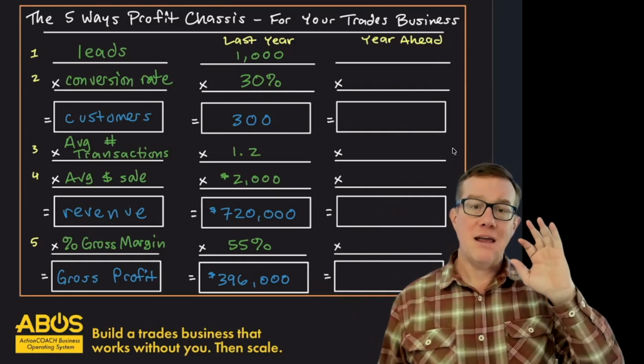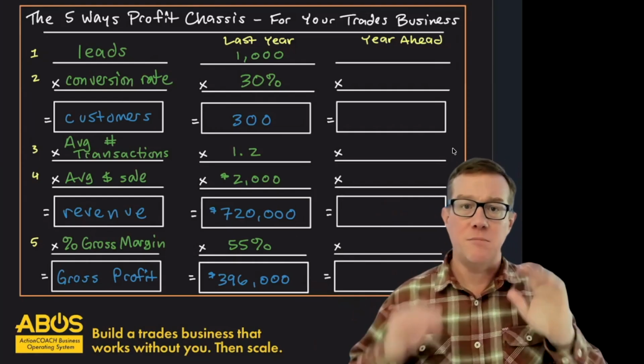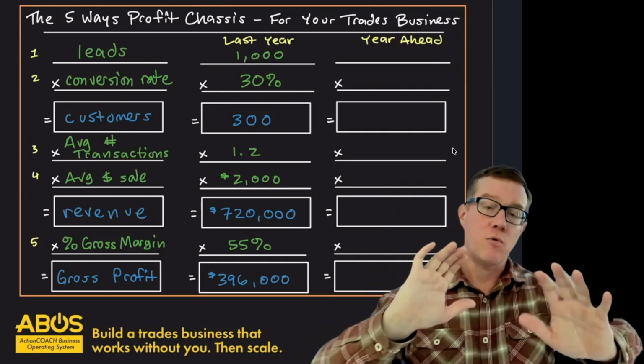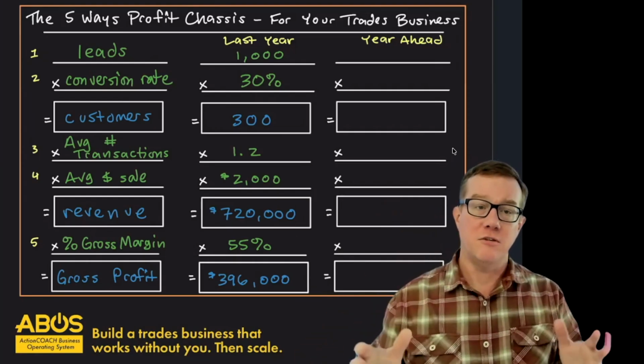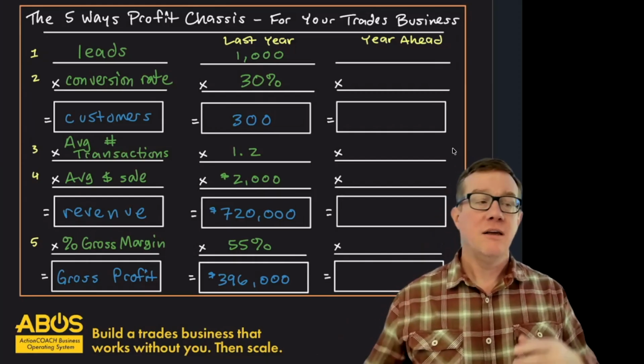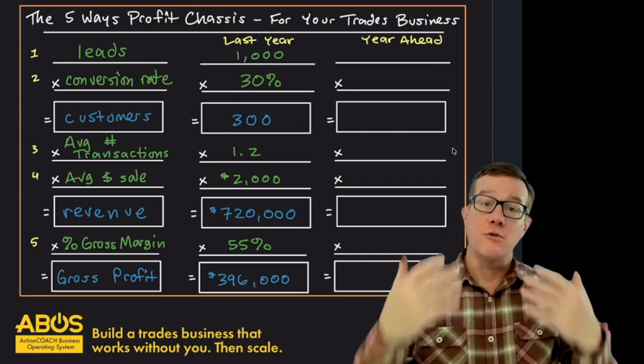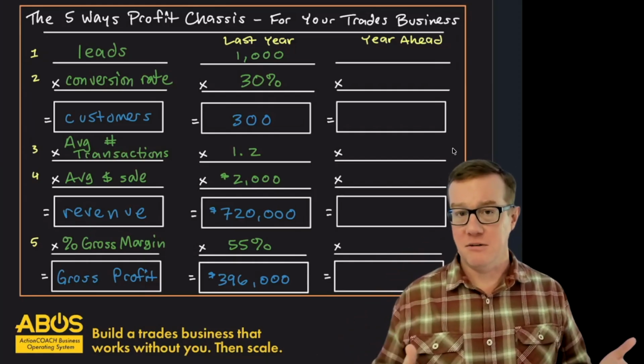And after paying for their variable expenses, their labor, and their materials that were required to provide those services, they retained 55% margin to create a $396,000 gross profit in this business.